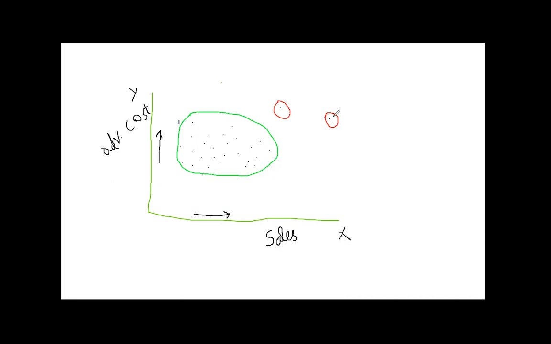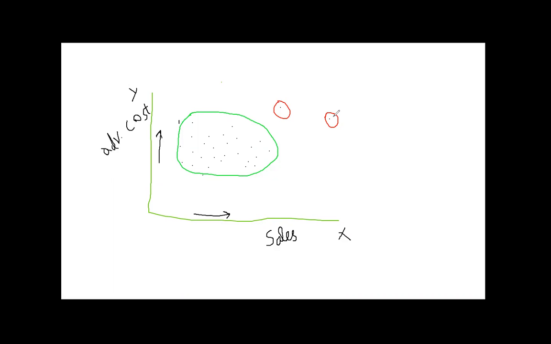Fine, we can detect an outlier. How can we detect it? Let's say you are working on a real-time project and you've been given a data set. The initial step is to check whether the data has outliers or not. The simplest way is to do a scatter plot.